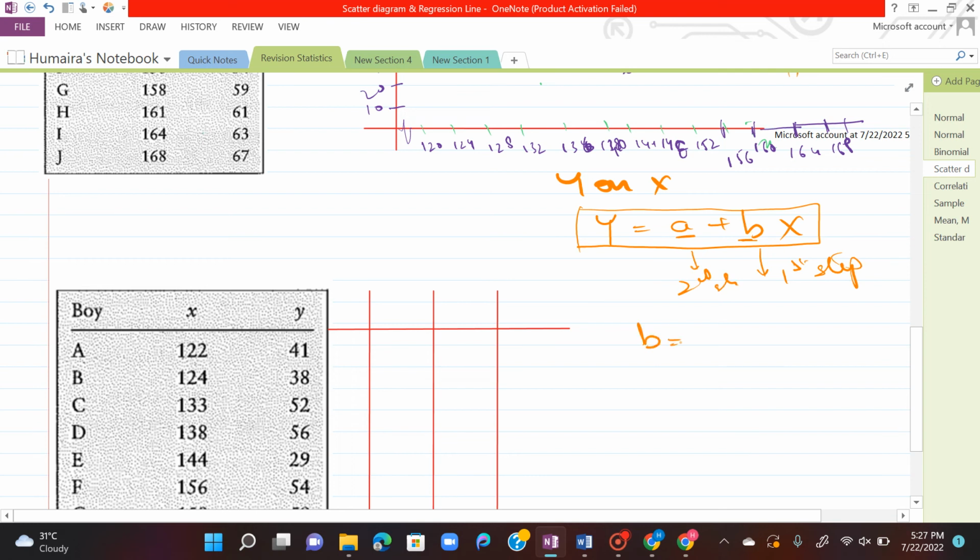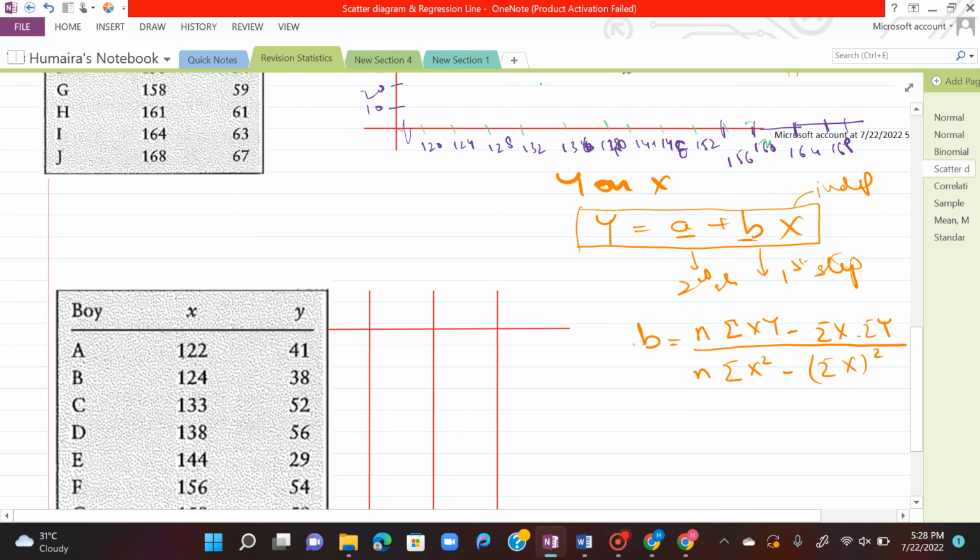The formula for the b value, which is the coefficient of x, or the gradient, is n summation xy minus summation x into summation y, all upon n summation x square minus summation x whole square. It's y on x, so x is independent, so obviously write the independent value down there. That's it. You just need to memorize this formula.